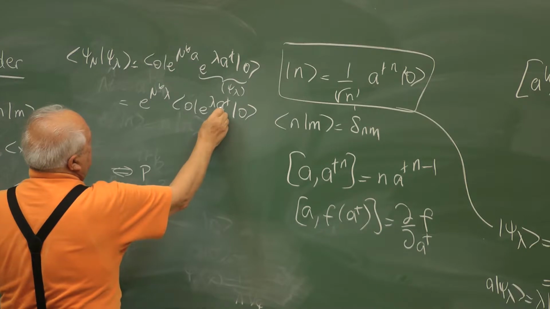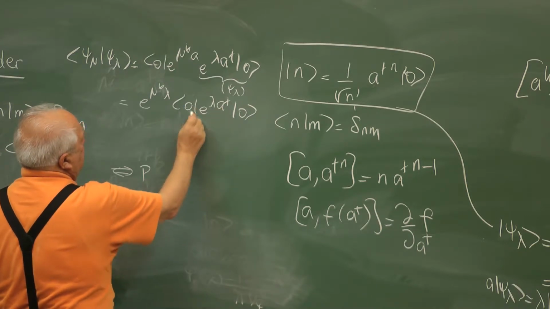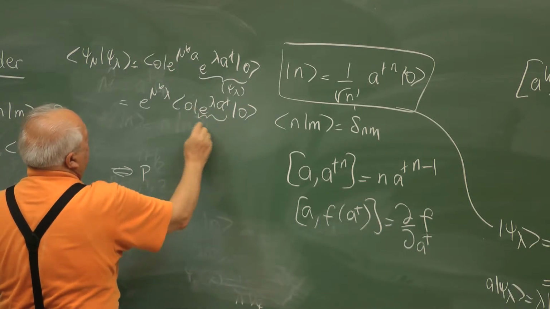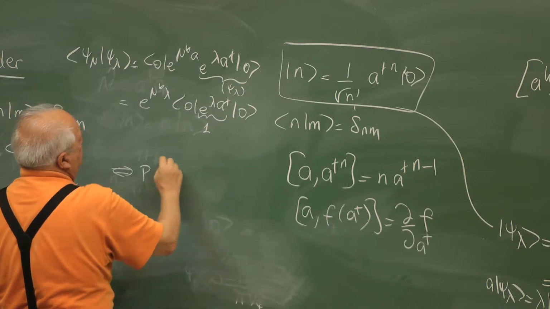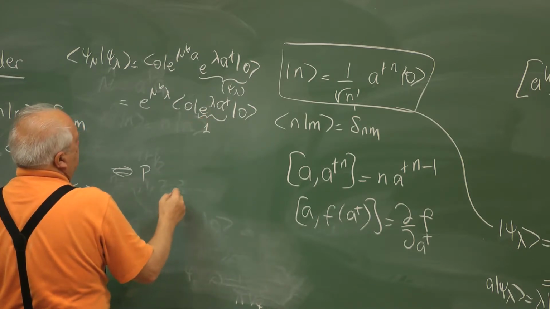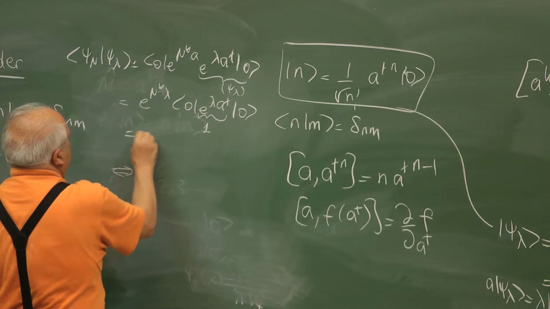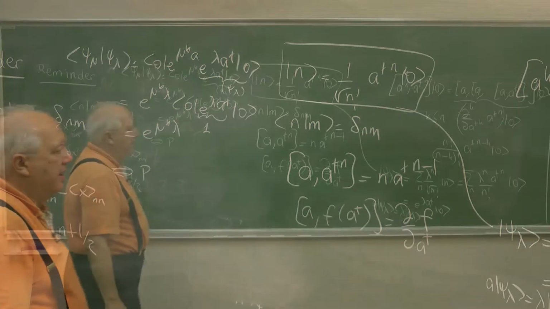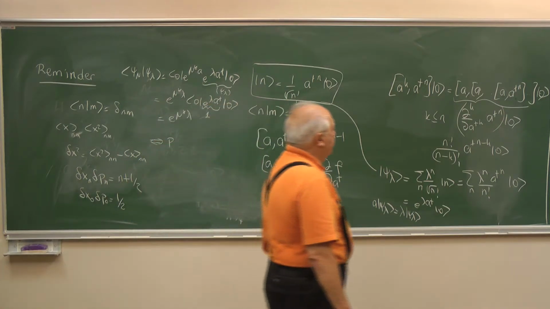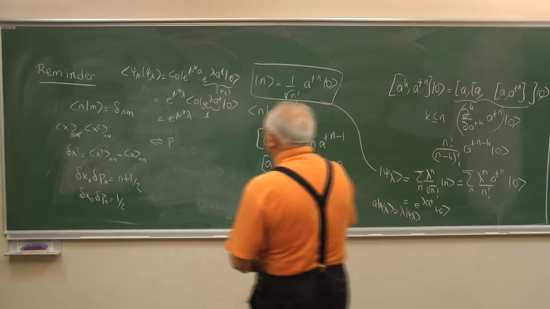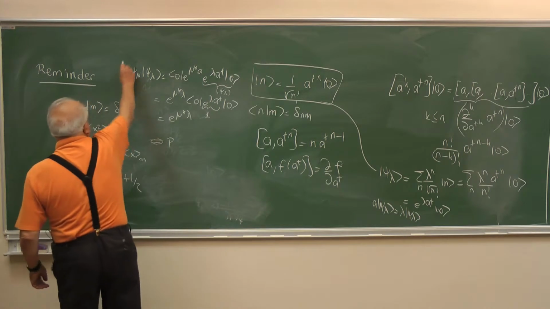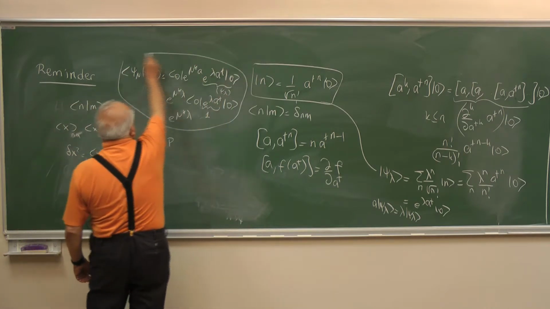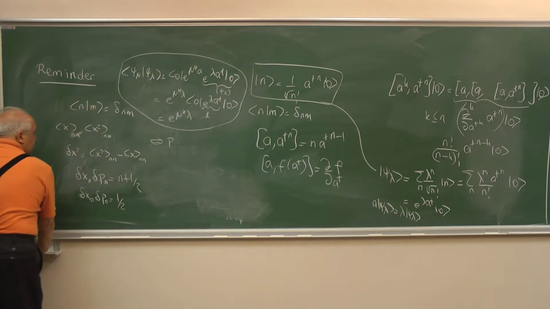But a dagger annihilates the bra ground state, so the only term that contributes here is the first term in its power series. <0|0> is 1. So it is e to the mu star lambda. All right? So this is where we begin. Let's take it here. I erase the rest.